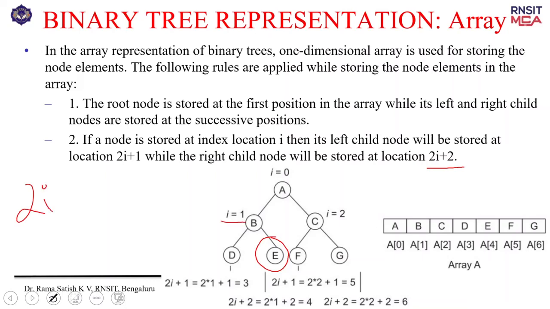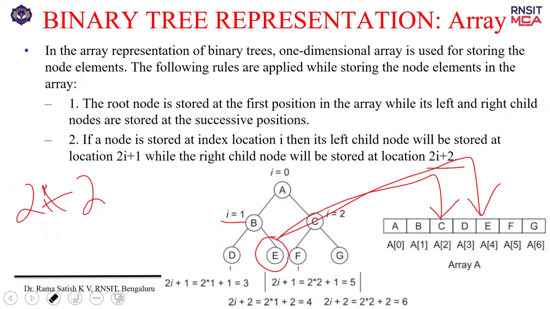The parent position is 1. 2 into 1 is 2, plus 2 is 4. So E has to be stored in the fourth location.